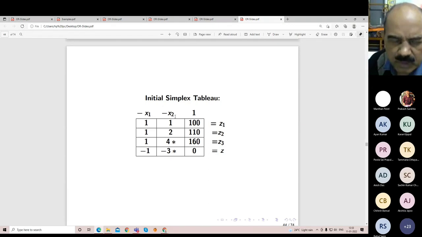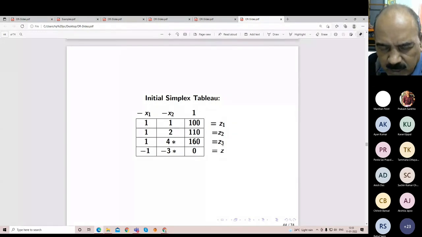Please complete it. Re-label the basic variable and non-basic variable positions. Minus x2 is becoming minus z3 and z3 is becoming x2. Other labels remain as they are, no change. This x2, which is coming in, is called the entering variable.